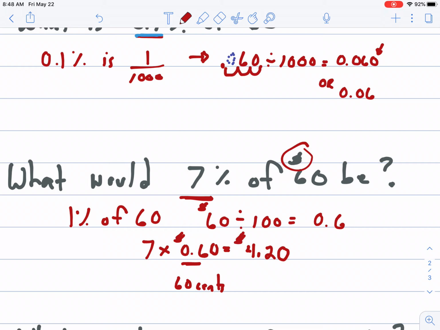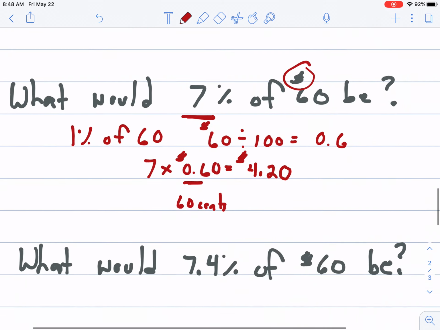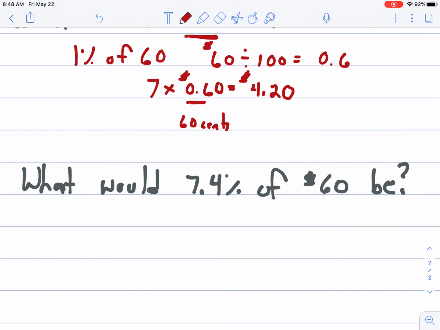Okay, so we can actually figure out how much money something is and quickly and easily make those conversions so that we can actually solve for values. It would also work if I had 7.4%. Well, if I know 7%, I can follow that same logic for finding my 7% by going 1% is 1/100th. So 60 divided by 100 is equal to 0.6.